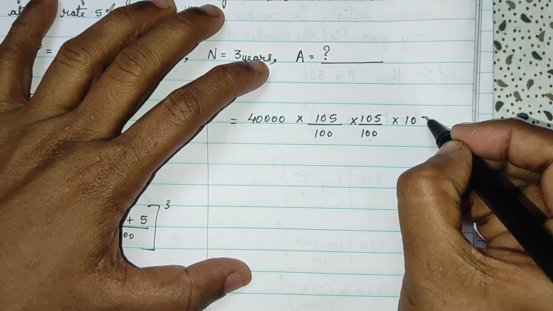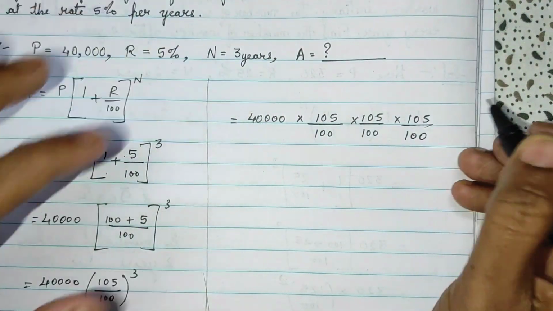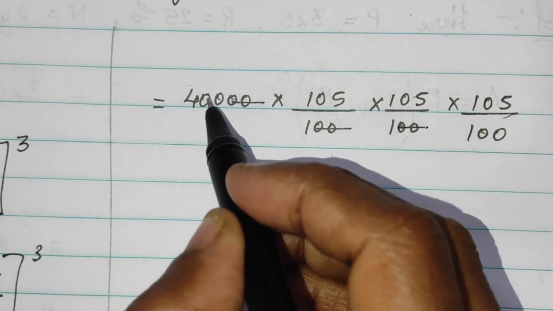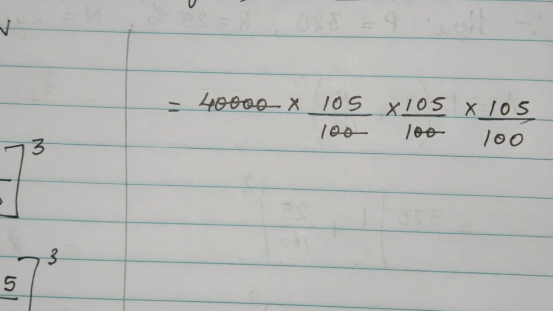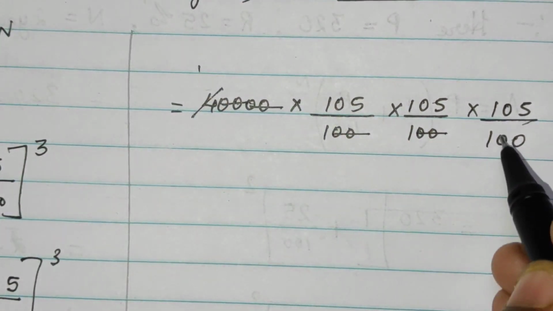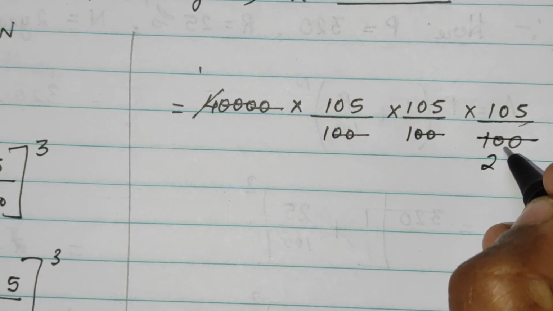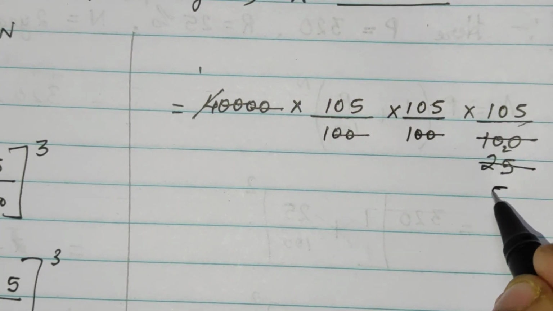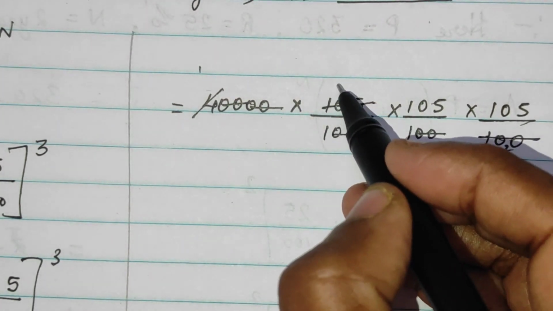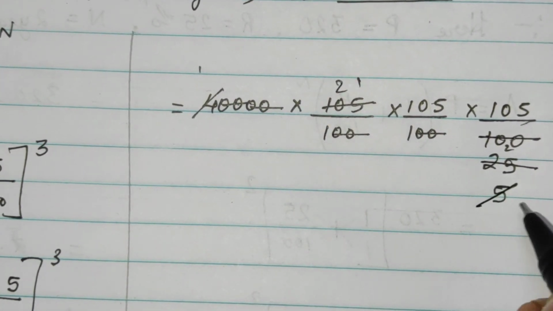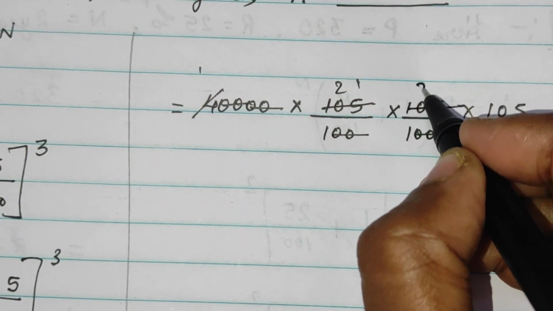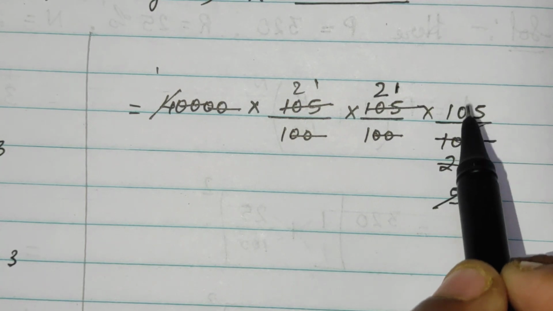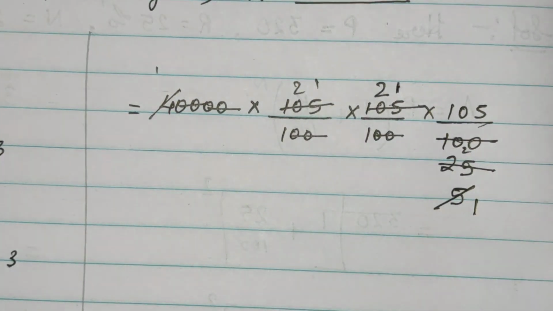So 20 cancel, again 20 cancel, then 4 ones are 4, 4 twos are 8, 4 fives are 20. So 5 fives are 25, 5 twos are 10, 5 ones are 5. So now we have to multiply 105 into 21 into 21.